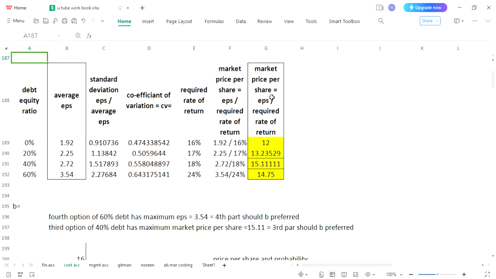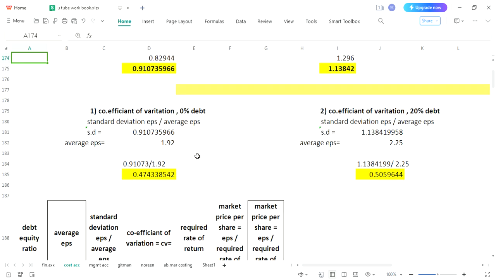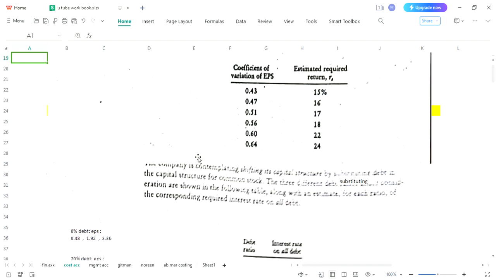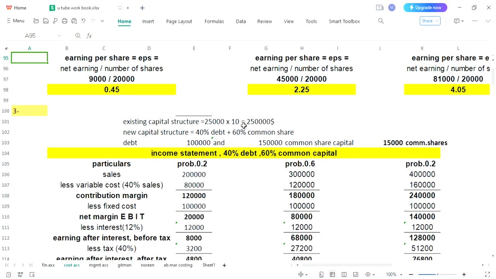Market price was to be calculated by taking EPS and dividing it by the required rate of return. So this EPS was calculated separately. This is the reason. And then to calculate this market price, we required the required rate of return, which was mentioned in the question, but for that we needed to calculate CVs.